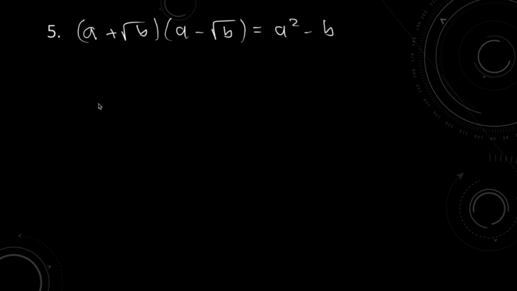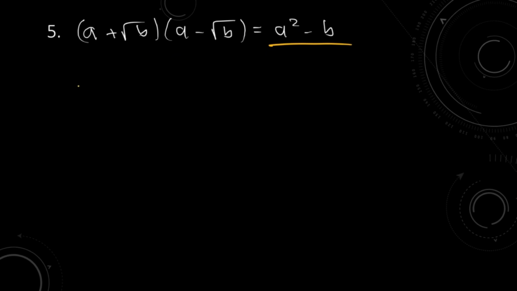Rule number 5: A plus square root B times A minus square root B, which will be this. If you have any question where you have to expand a bracket that looks like this, you can use this rule straight away so that you don't have to expand the bracket.